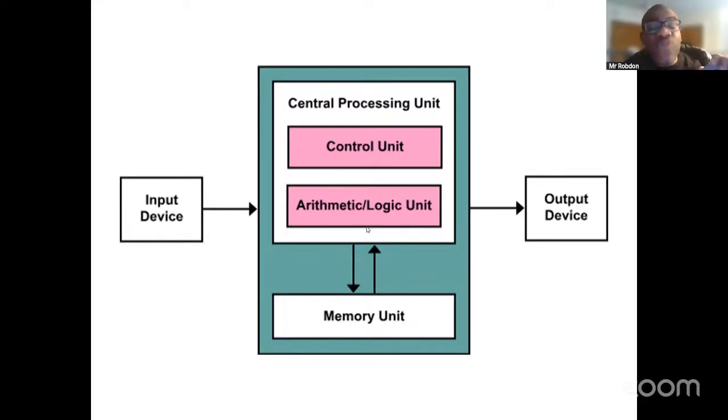A microwave can only what? Heat up your food. It has limited functionality, right? But it has to have a processor in there, so that when you press the button, which is your input device on your microwave, this instruction is processed, carried out, and executed.